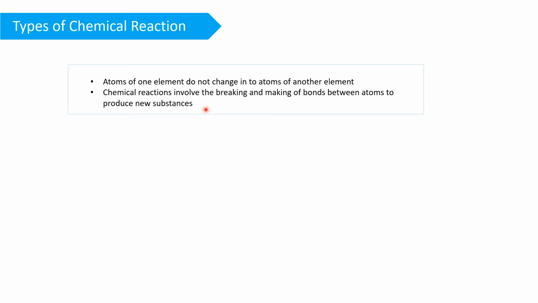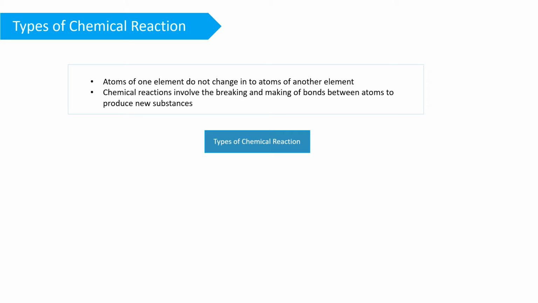Atoms of one element do not change into atoms of another element. Only rearrangement of atoms between two elements, or between two compounds, will take place. Clear? So now we are moving on to the types of chemical reaction.